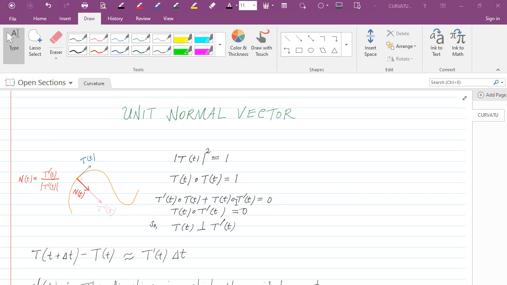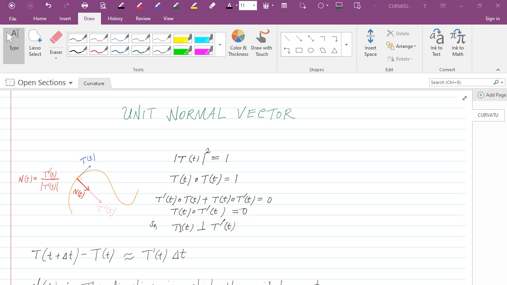Now on the left-hand side, we get 2 times T dot product with T prime of t, because the dot product is commutative, so these two terms are the same. So we get 2 times T dot T prime of t is equal to 0, but then we can divide by 2, so we are left with the equation that T dot product with T prime of t is equal to 0.